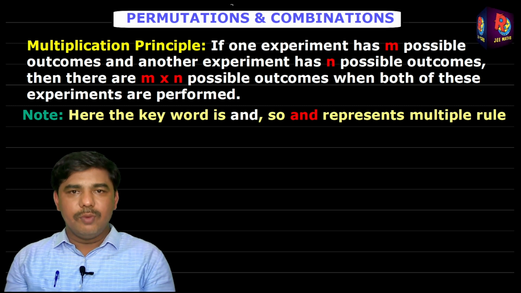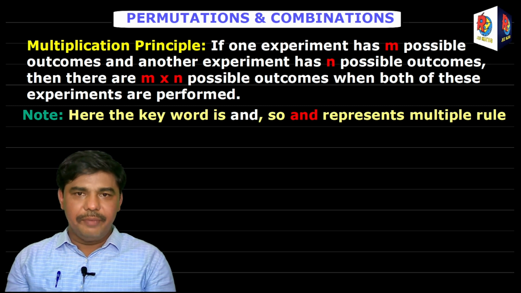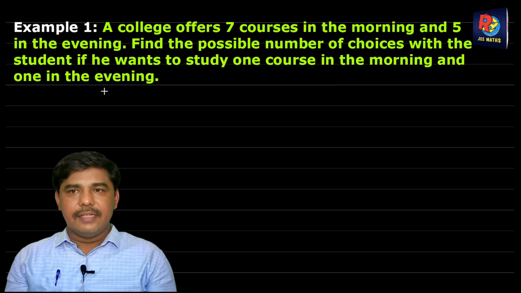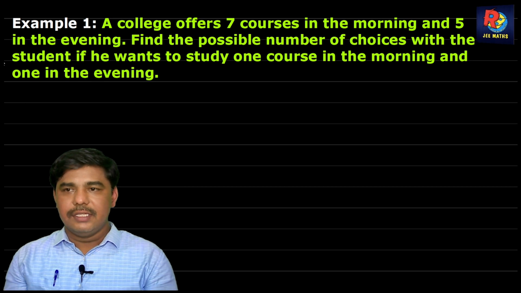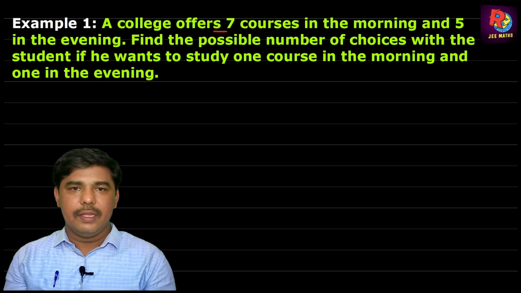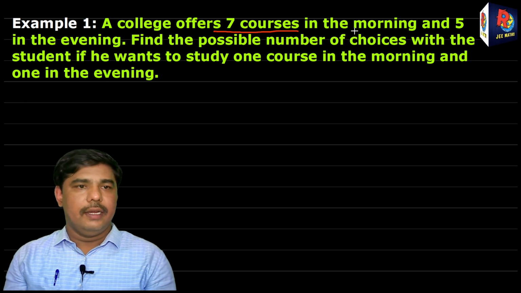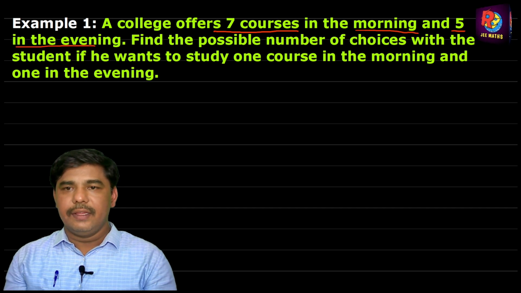First I will give one example, then you can understand clearly. Example 1: a college offers 7 courses in the morning and 5 courses in the evening.